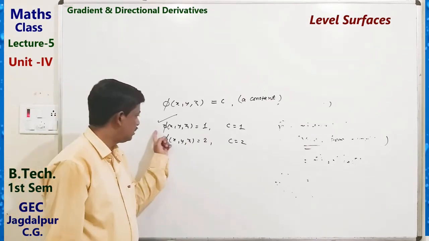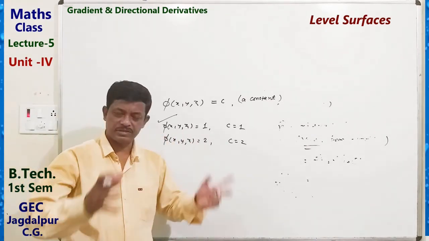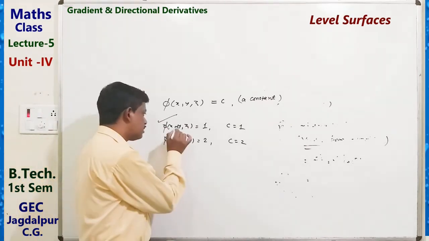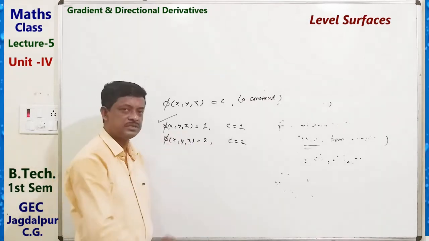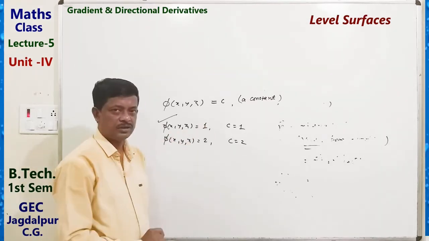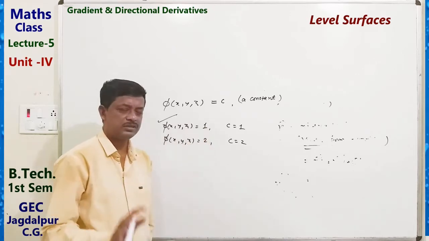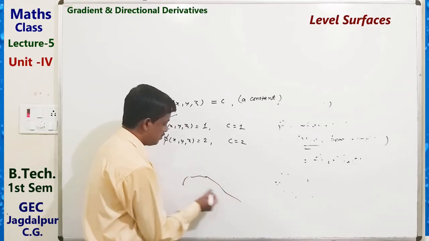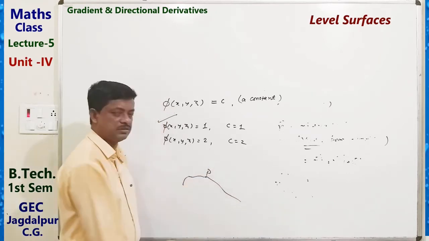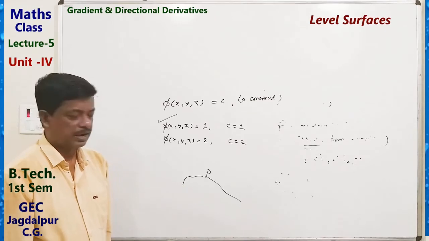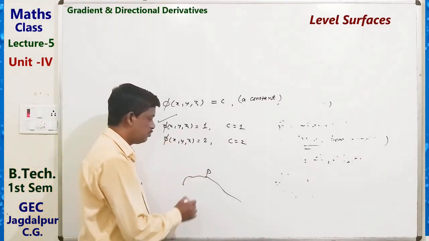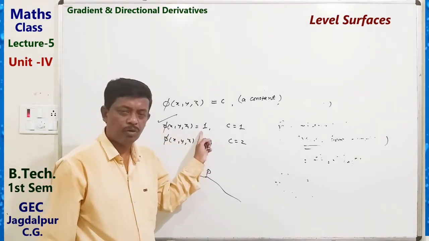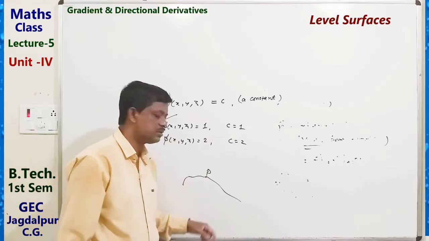And we know that a three variable function represents a surface in space. So this particular surface, where phi x, y, z equals 1, if this surface is passing through a point P, then for all points on it the value of the function is the same.